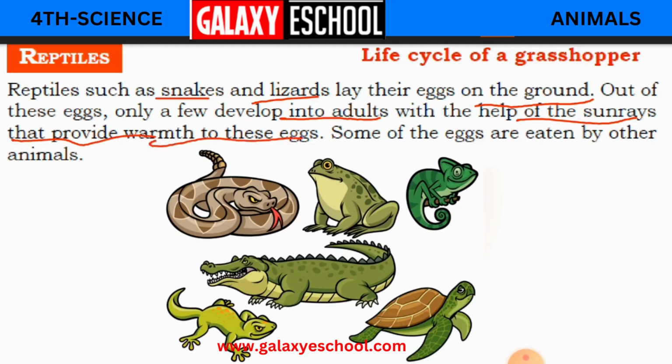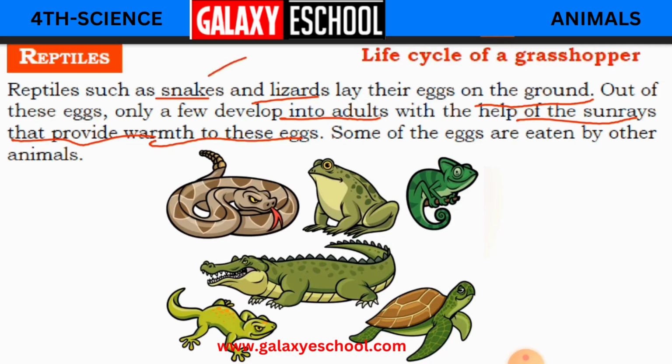They do not sit on the eggs like a hen does. So what did we learn about the hen? Even a hen lays eggs, but to provide warmth to the eggs, it sits on them. But snakes and lizards do not sit on the eggs.